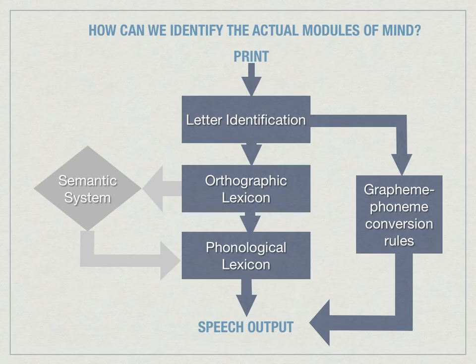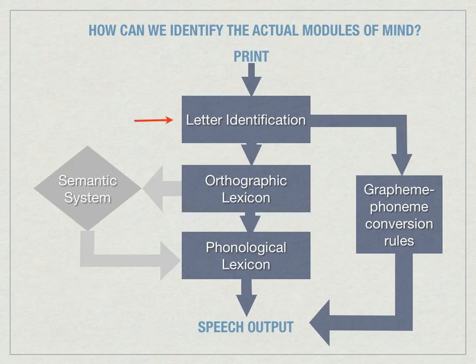We're starting at the very top of the diagram where print is written, and we're going down through a series of processing mechanisms to speech output, which is the pronunciation of the word. So if I give you a word like print, and you read it aloud, you're going through this system of processes. And the first stage of this mechanism is the identification of letters.